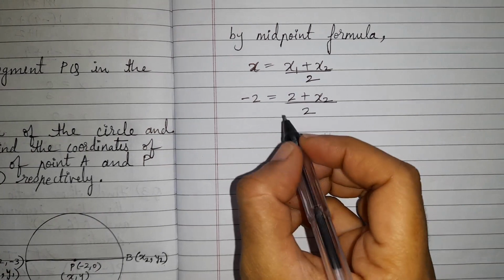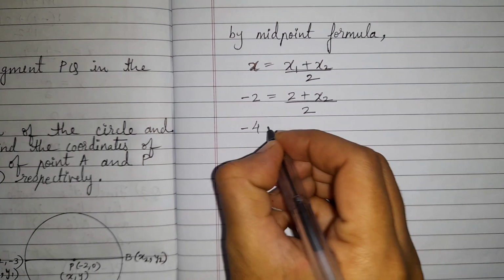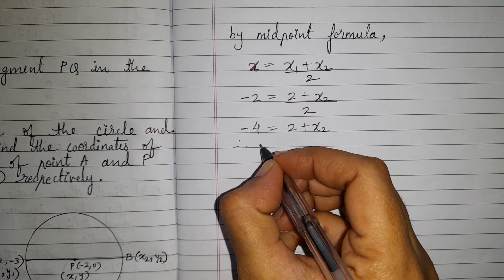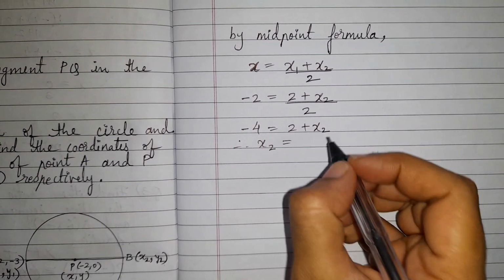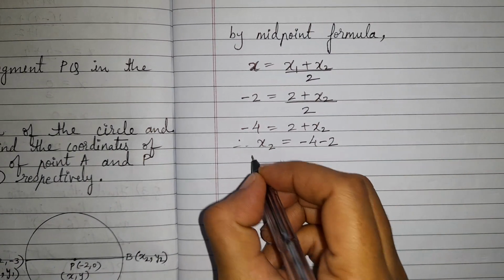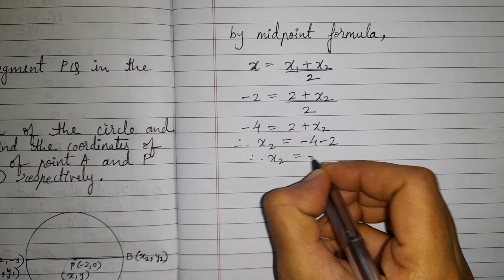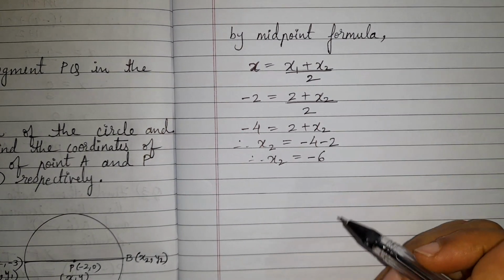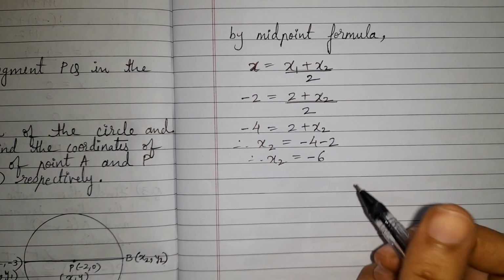We cross multiply. -4 equals 2 plus x2. Therefore, x2 equals -4 - 2. Therefore, x2 equals -6. The x coordinate of point B is -6.